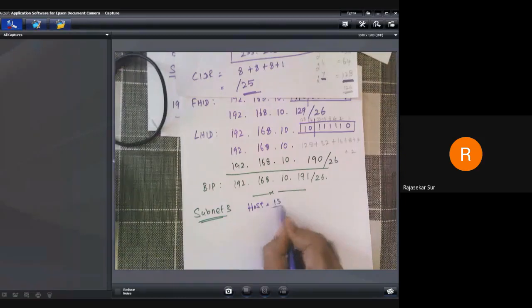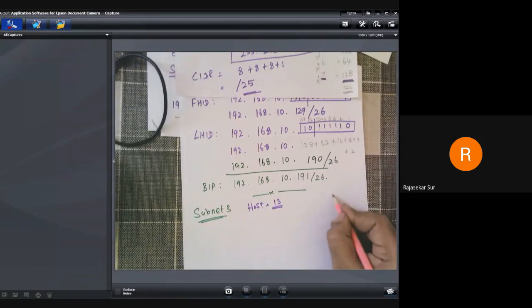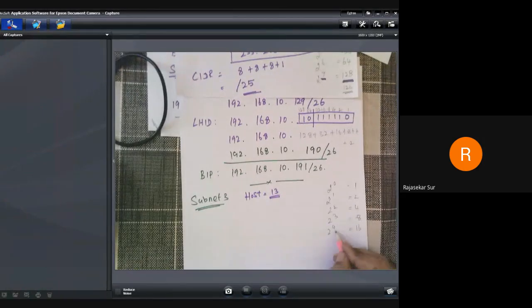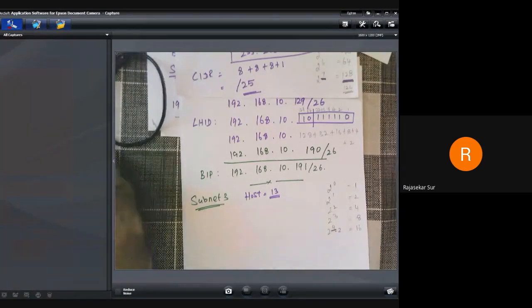Apply the formula: 2 to the power of 0, 2 to the power of 1, 2 to the power of 2, 2 to the power of 3, 2 to the power of 4, which is 1, 2, 4, 8, 16. Even if you apply minus 2, 4 bits are enough in the host.